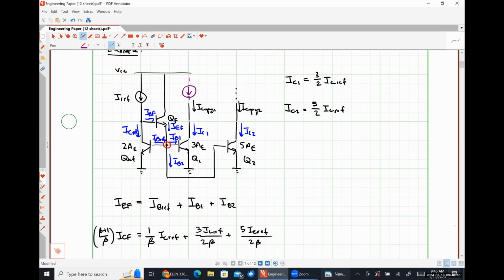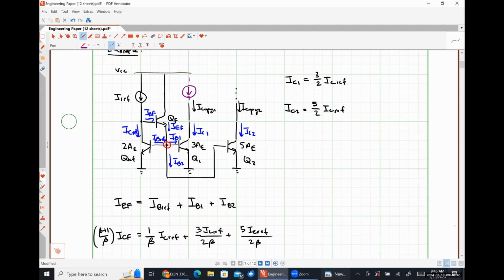So now we're relying on our KCL and KVL relationships instead of saying explicitly that IREF is driving that resistor, because realistically IREF is driving all the transistors here in some shape or form, since it was supplying base currents to everything.